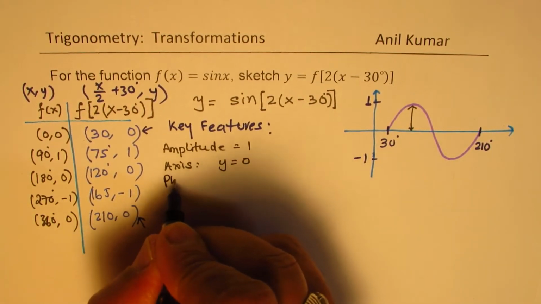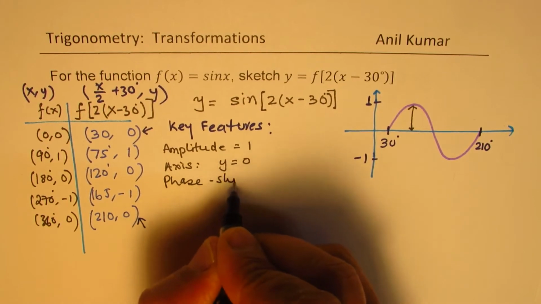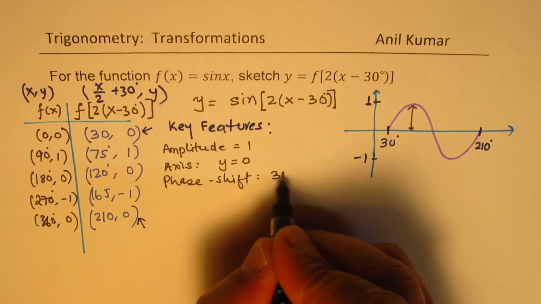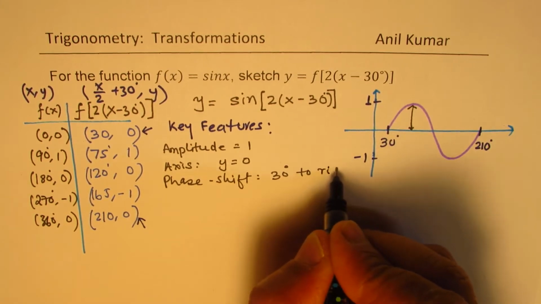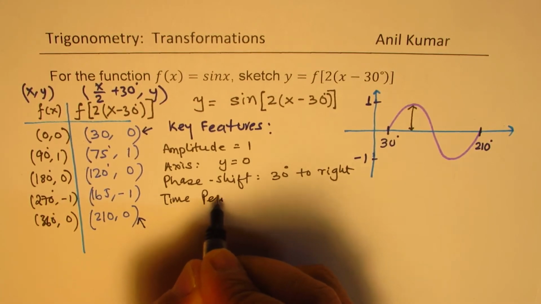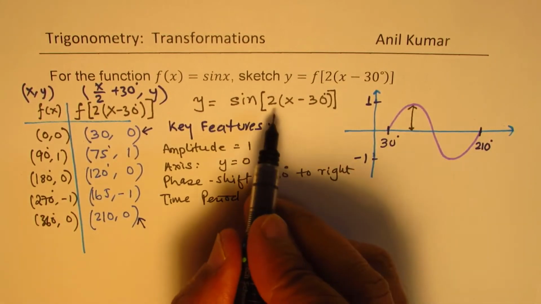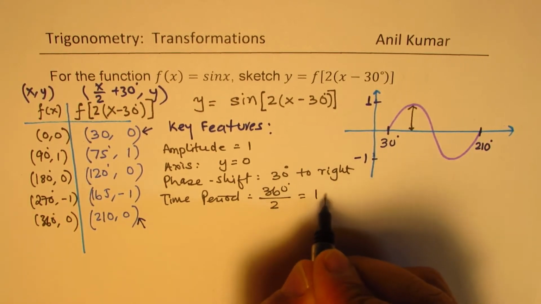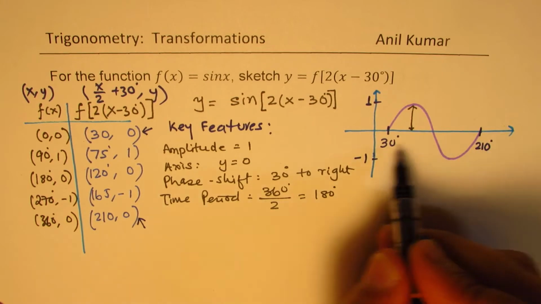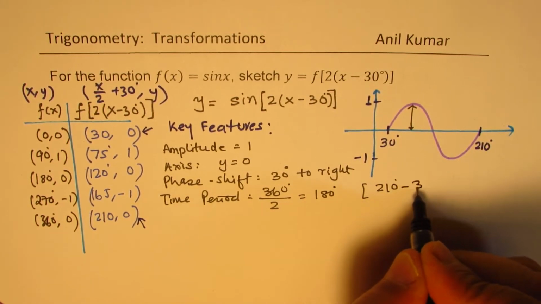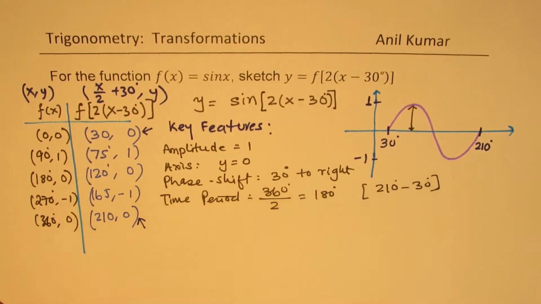We have phase shift of 30 degrees to the right. Time period is basically, because of this 2, that 360 degrees gets divided by 2, so we have 180 degrees. So you'll find 210 minus 30, which you can calculate, and you get the same answer as 180, correct?